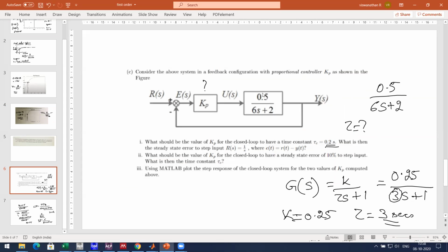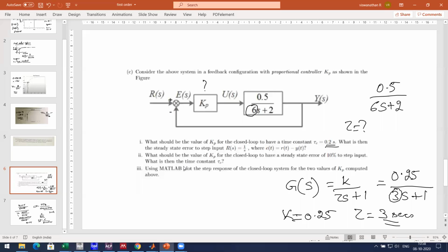Don't leave the transfer function as it is and say the time constant is 6; that is not the correct answer. Always bring it to the form with 1 and then find tau. This is a very important point to remember.